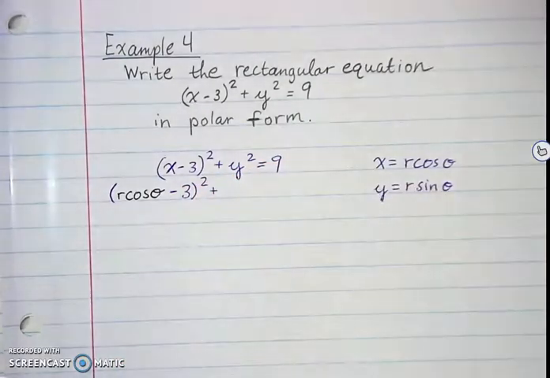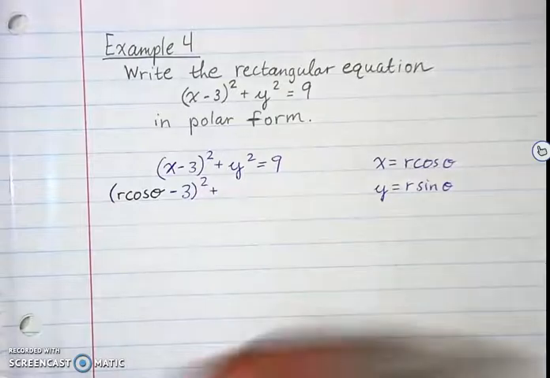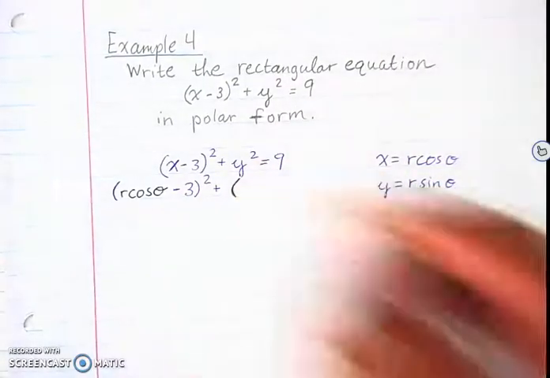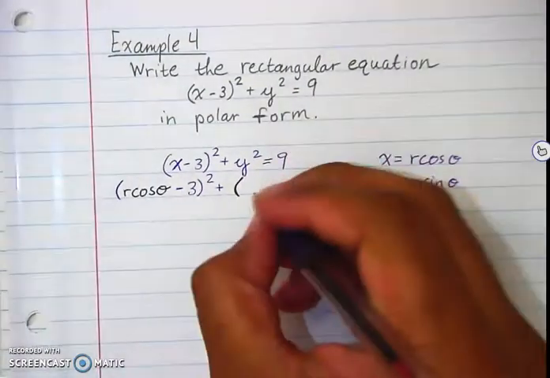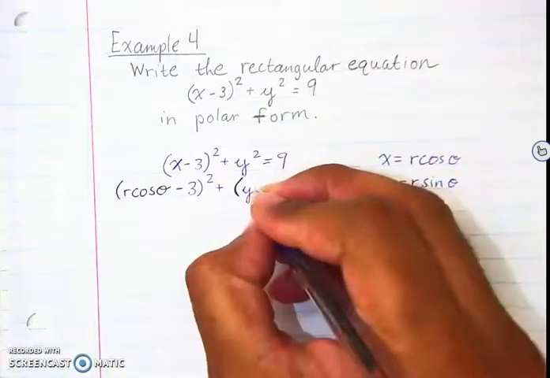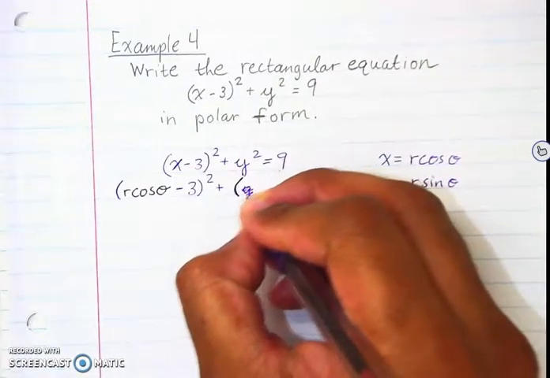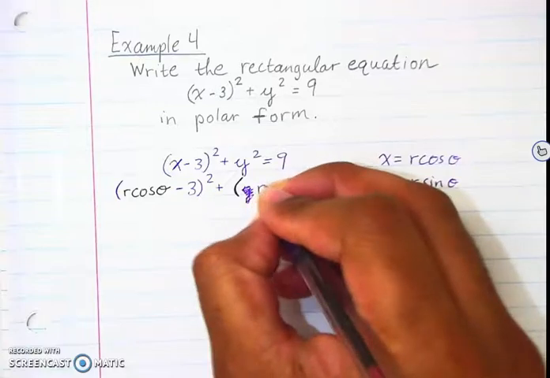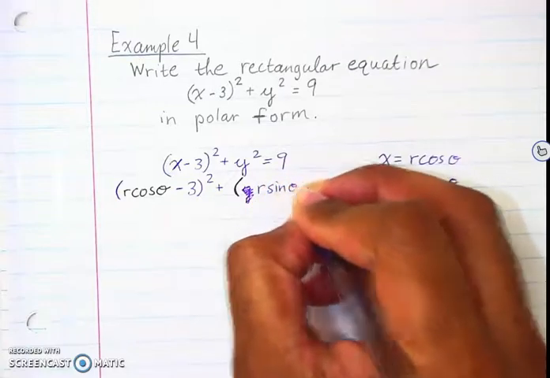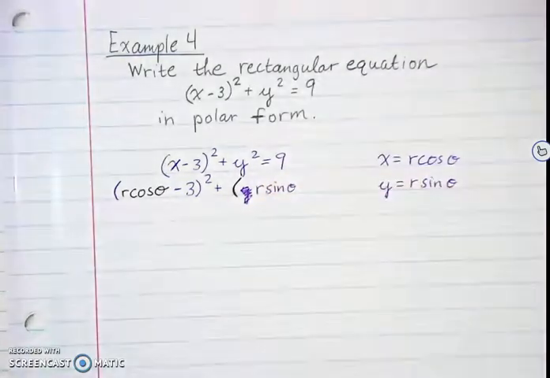And then for y, it's just r sine theta, quantity squared.